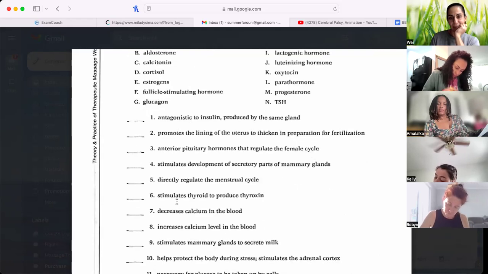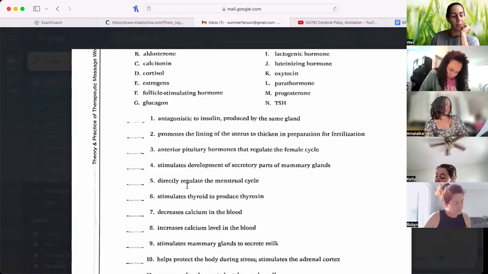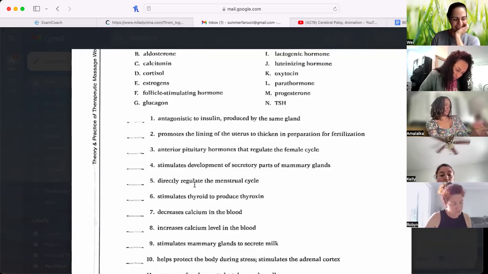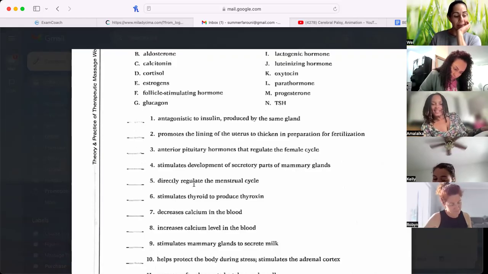Okay, no problem. Next, we got direct regulation of the menstrual cycle. Follicle stimulating or luteinizing, I don't know. Well, you said estrogen for stimulating development of secretions of the glands, right?